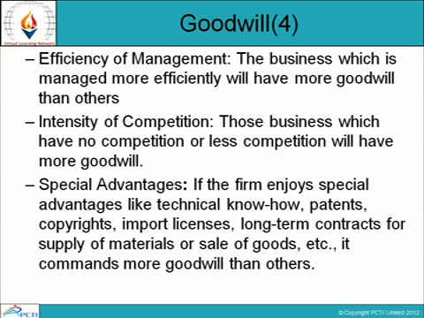Those businesses which have no competition or less competition will have more goodwill. Next one is special advantages. If the firms enjoy special advantages like technical know-how, patents, copyrights, import licenses, long-term contracts for supply of materials or sale of goods, etc., it commands more goodwill than others.